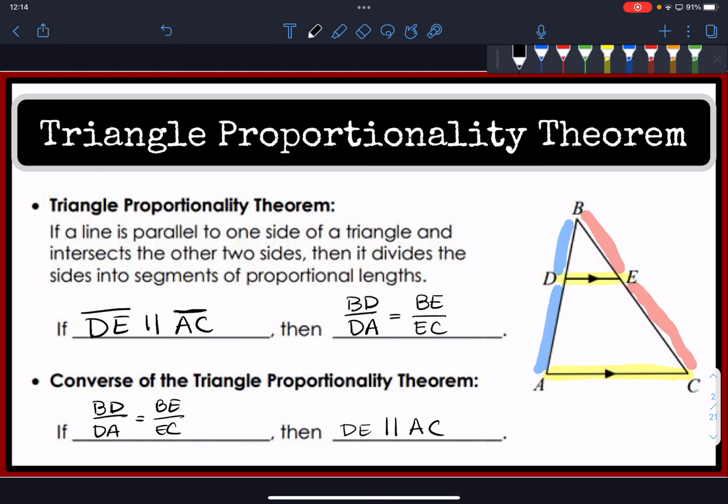And the reason that that's helpful is because then we know that this angle and this angle are the same, just like angle E and angle C are going to be the same.